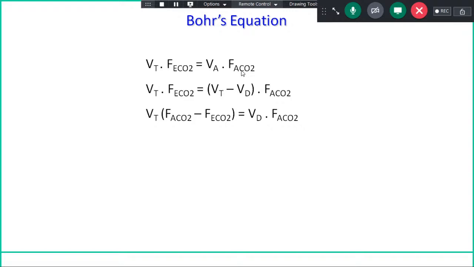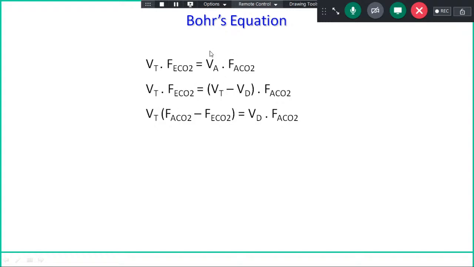What is missing in this step is plus the dead space volume and its CO2 concentration, because the inspired CO2 concentration is considered to be 0. So that part disappears from the equation. So we now have the situation that tidal volume into FeCO2 is equal to alveolar volume multiplied by the fraction of alveolar CO2.